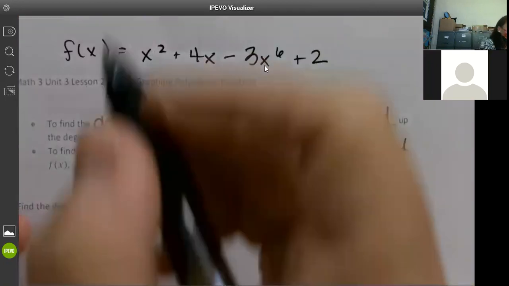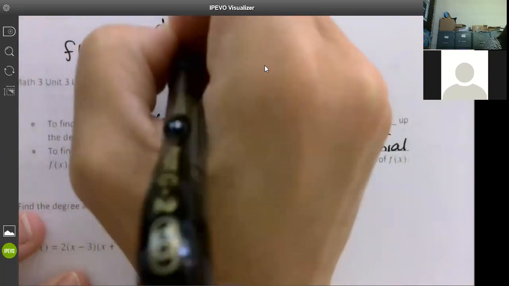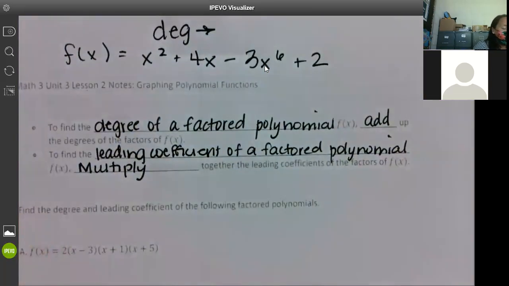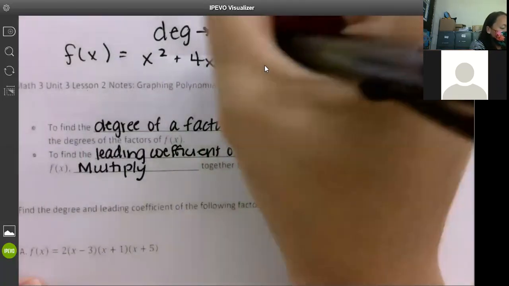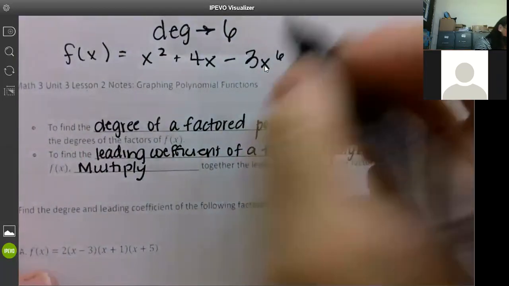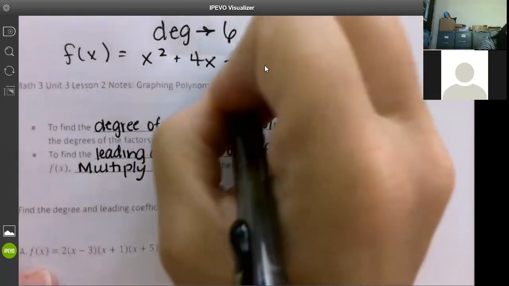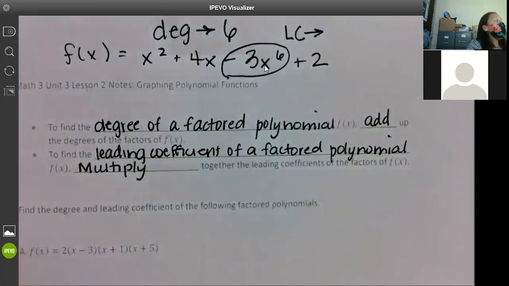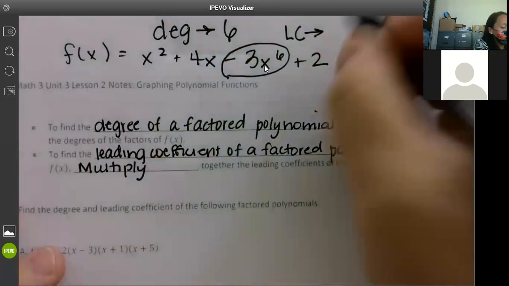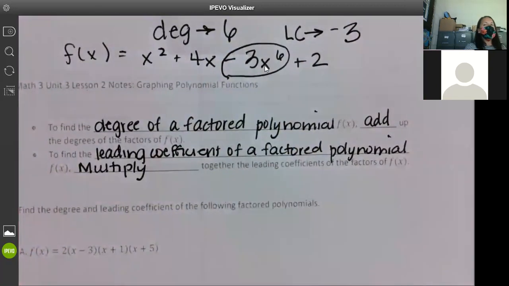Remember, our degree is our highest power. So what is our highest power? 6. They won't always be in order, but most of the time they will. So we know we're looking at this term. So our leading coefficient was what? -3. What do those things tell you?